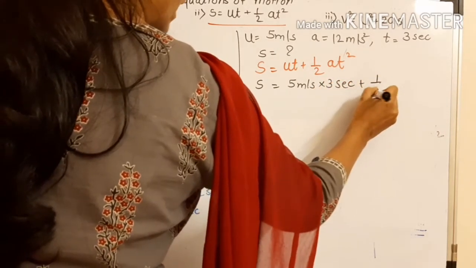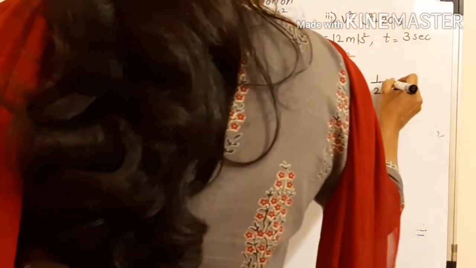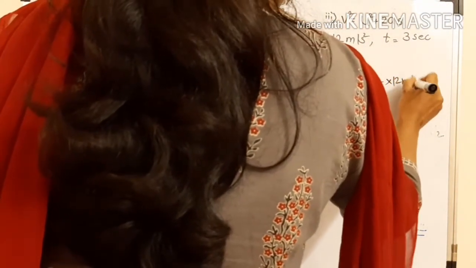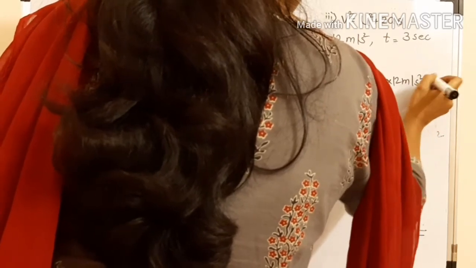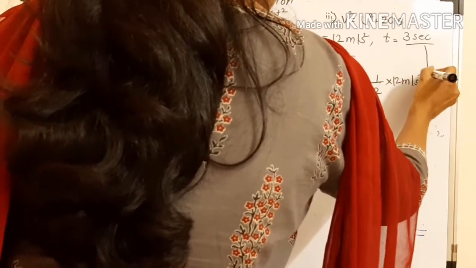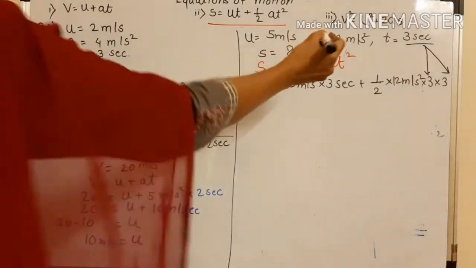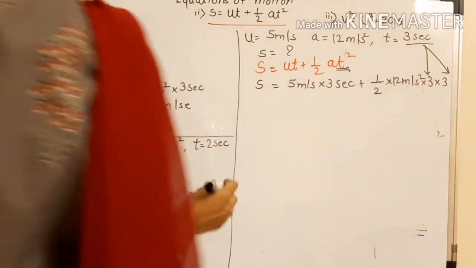Plus 1/2 as it is, because it is given in the formula. a is equal to 12 meter per second square, into t square, which means 3 into 3. So you substitute here 3 into 3.